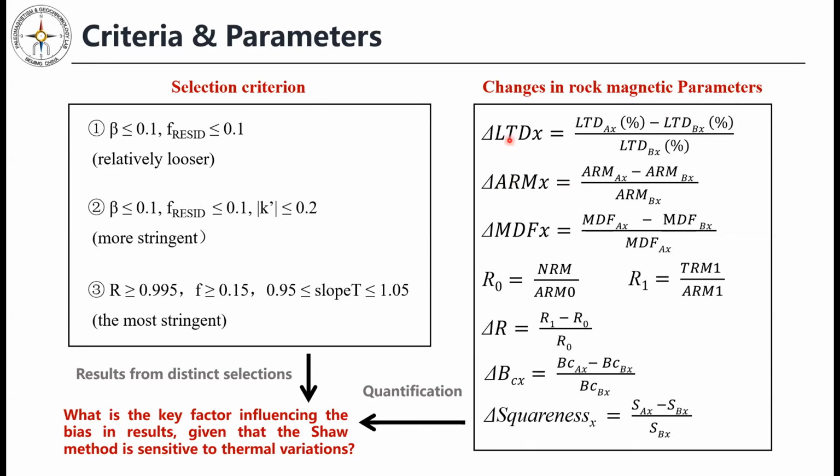LTD here is the remanence loss in the LTD treatment, MDF here is the median destructive field, and R here is the efficiency of TRM to ARM. The A and B here denote after and before the heating, and the X here denotes the round of heating.